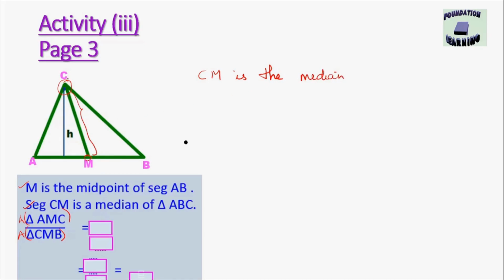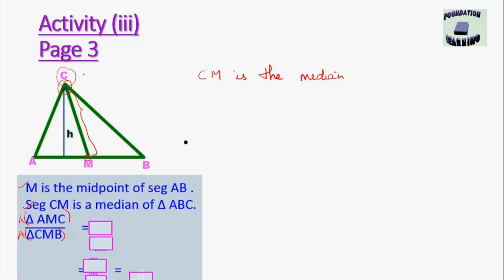Now C is a common vertex of both the triangles. I'll draw the triangles separately afterwards, so I'll just show you in the figure. C is a common vertex in both the triangles, that is AMC and CMB. C is a corner which is common in both the triangles AMC and CMB.